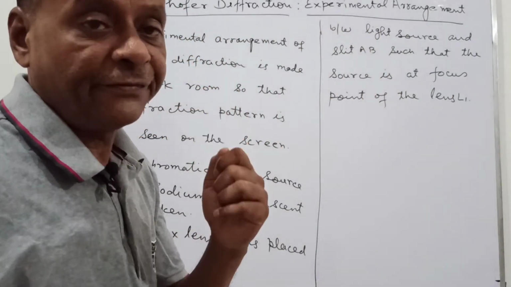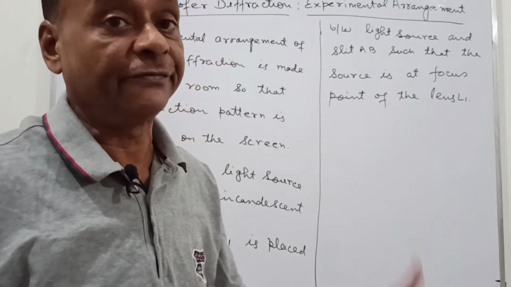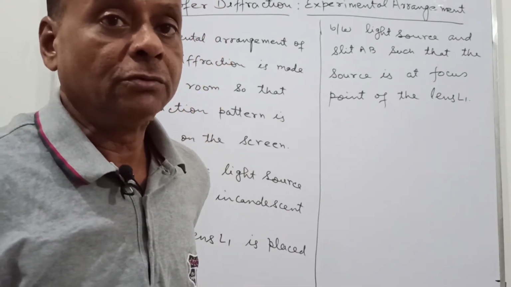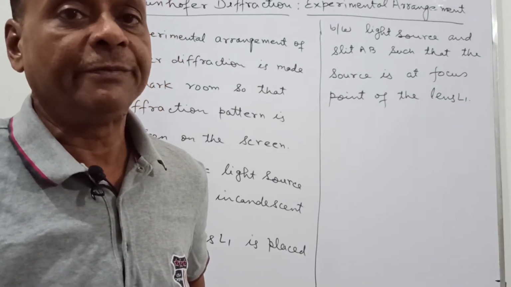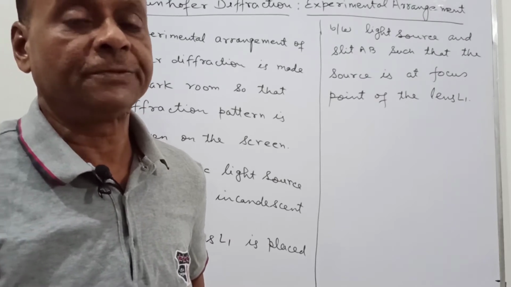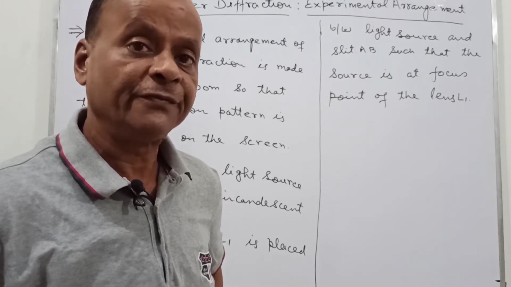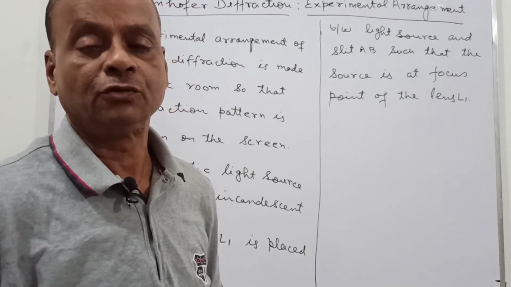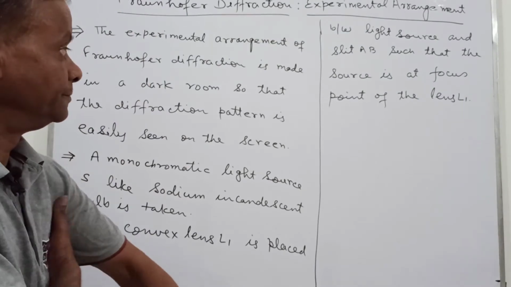Now, according to the definition of the Fraunhofer diffraction, the light source must be at infinity from the obstacle or the slit. So this can be made only when the light source is placed at the focus. So, it will be at infinity with respect to the obstacle or the slit.